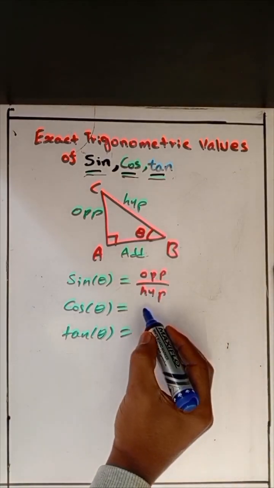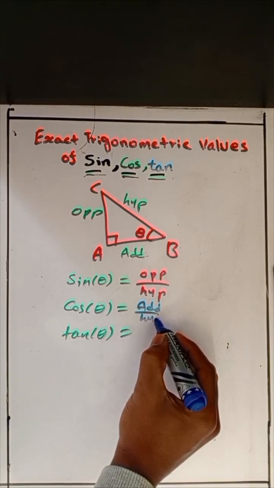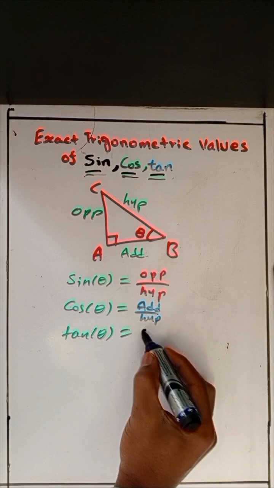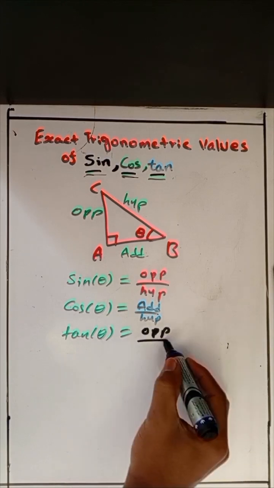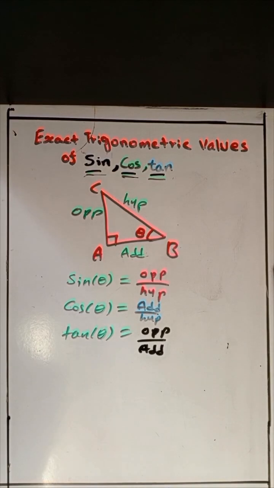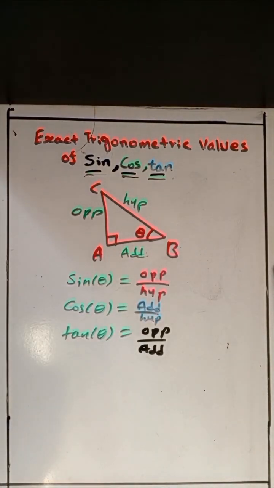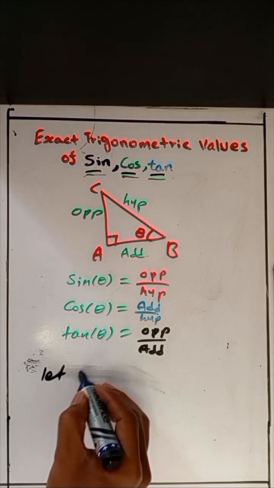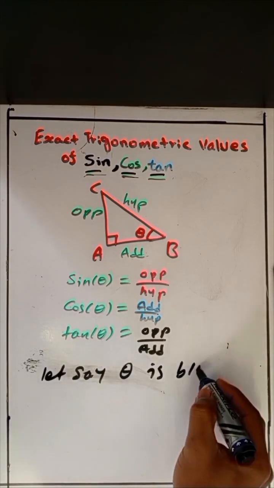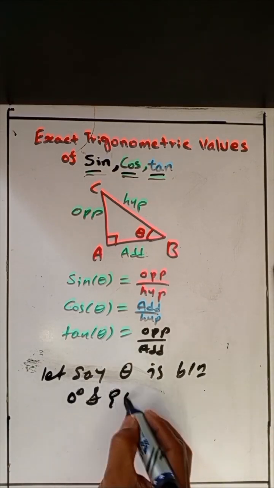Cos theta is the adjacent over the hypotenuse, and tan theta is the opposite side length over the adjacent side. These concepts relate the basic trigonometric functions. Let's say theta is between 0 degree and 90 degree.